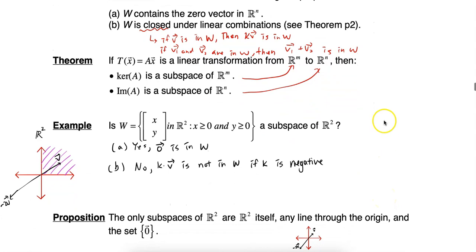So, with that said, we can go back to what we've learned last class and specify that the kernel of A, for a matrix of a linear transformation, that kernel is a subspace of Rm, and the image of A is a subspace of Rn.